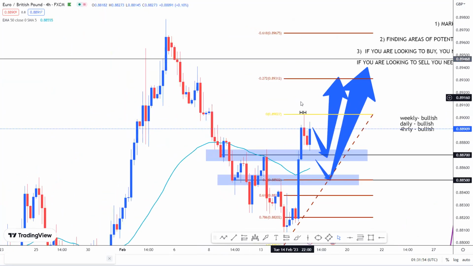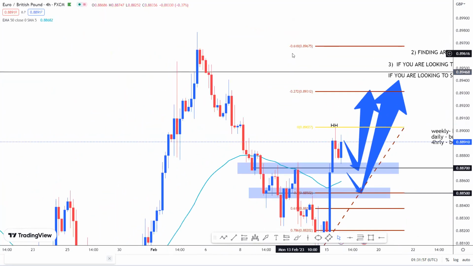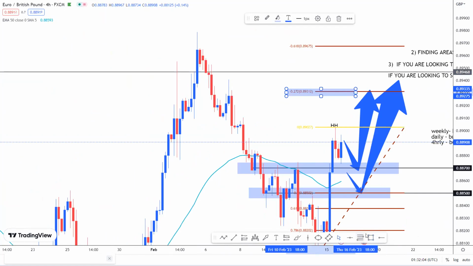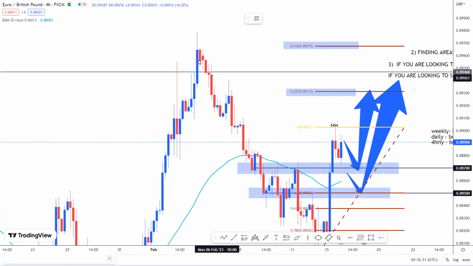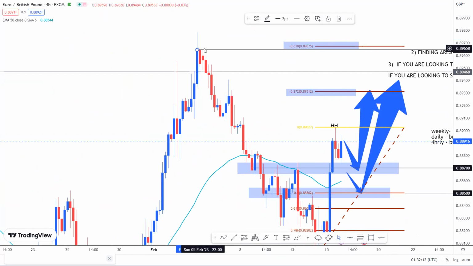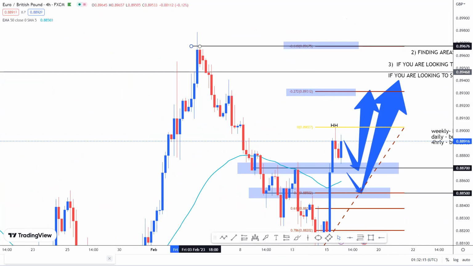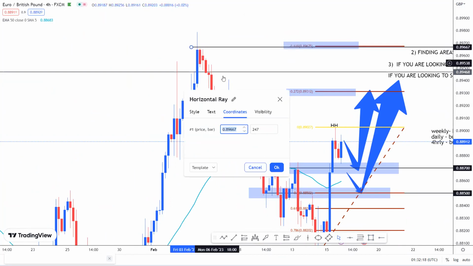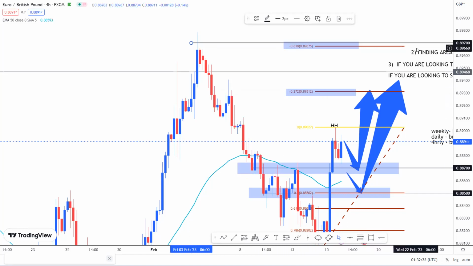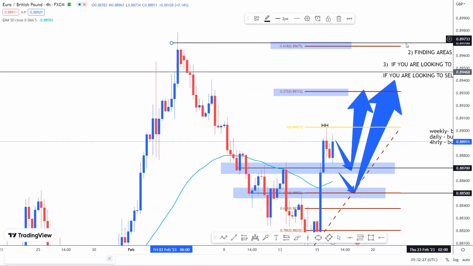And then with our anticipated take profit targets, the negative 27.2 or the negative 61.8 of the Fibonacci retracement, somewhere around 89,700 psychological round number.